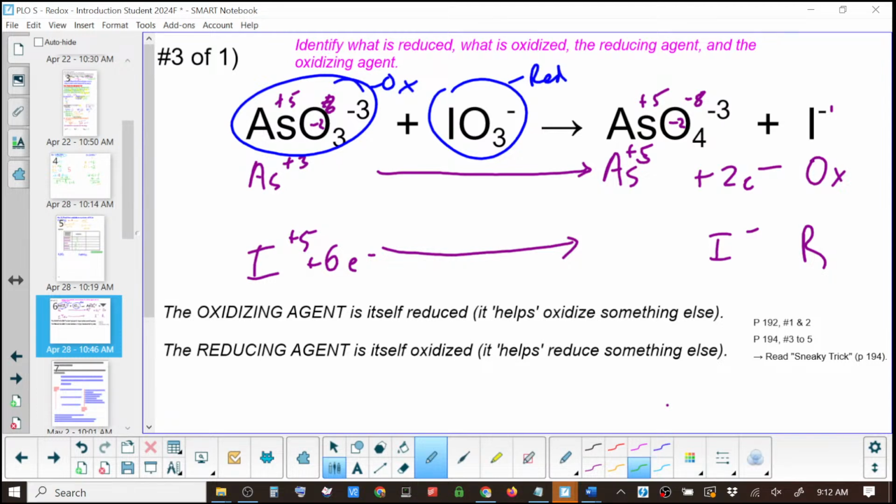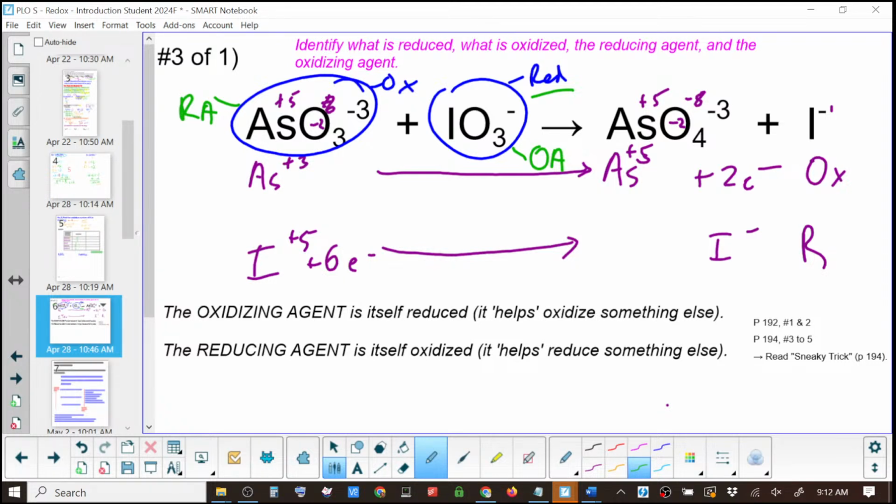So which one is the reducing agent? The AsO3. So this is the reducing agent because it helped the other one get reduced. This one is the oxidizing agent because it helps the other one get oxidized. So the one that is reduced is the oxidizing agent, and the one that is oxidized is the reducing agent.